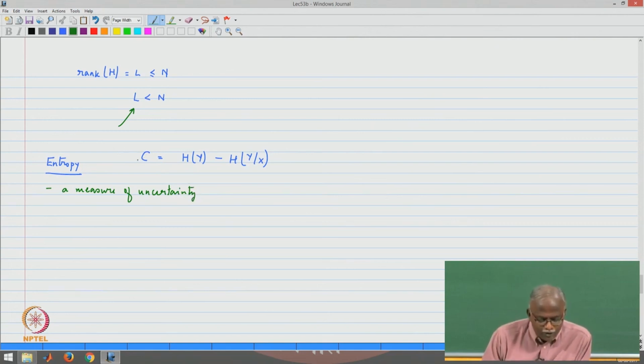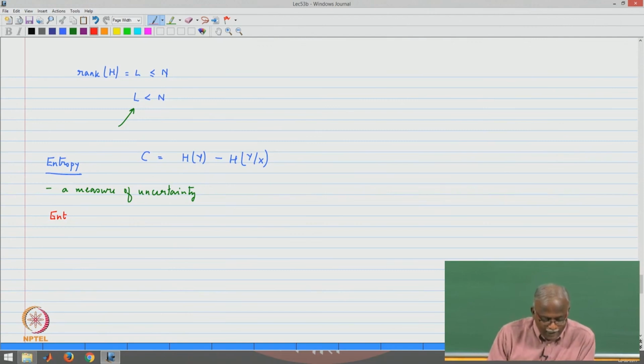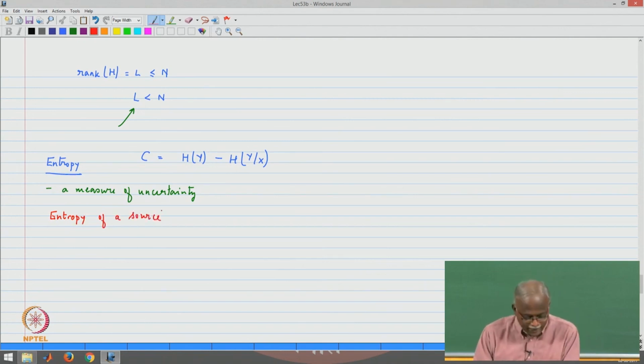So, if you were to think of the entropy of a source which produces symbols from a finite alphabet, this I am sure you would have studied in information theory.